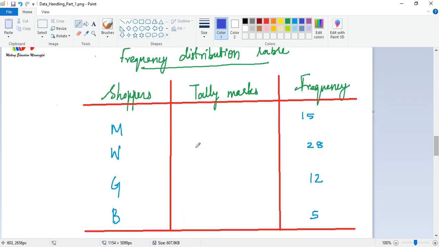See, 1, 2, 3, 4. For 5, I'll put a dash like this, okay? And then 6, 7, 8, 9, and 10. 11, 12, 13, 14, 15. So as I count it, I keep drawing the lines, okay? So there are 15. So this is the frequency. The way I draw it with the lines, that is the tally mark, okay?